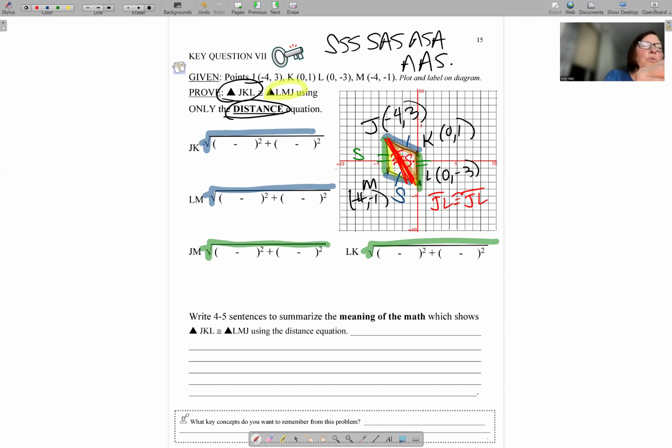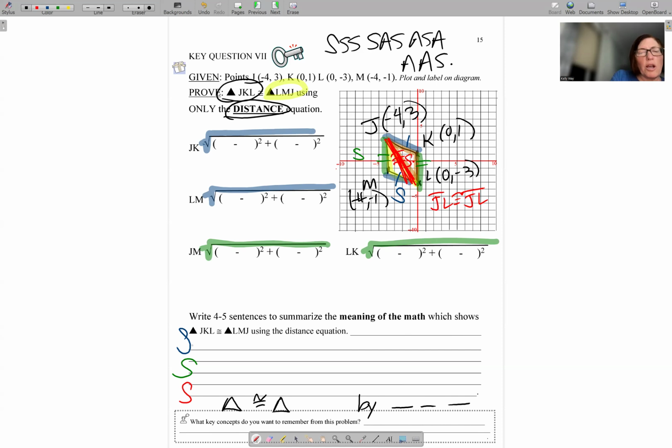So the shortcut to show these triangles equal is going to be side, side, side. And then your punchline will be the fact that the triangles, you must name them, are congruent by the shortcut side-side-side.